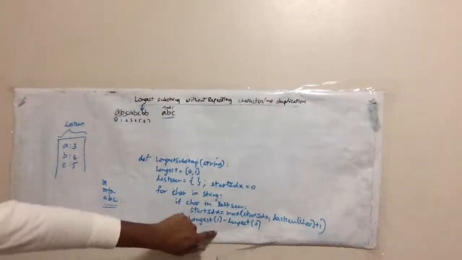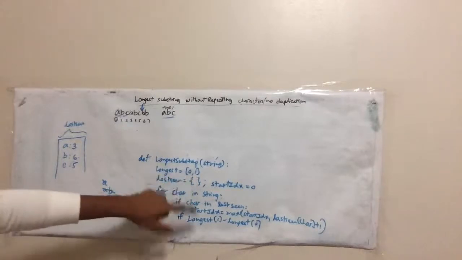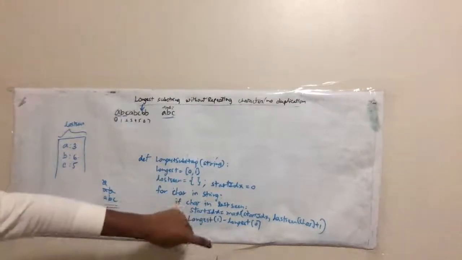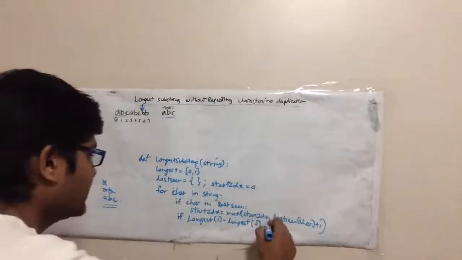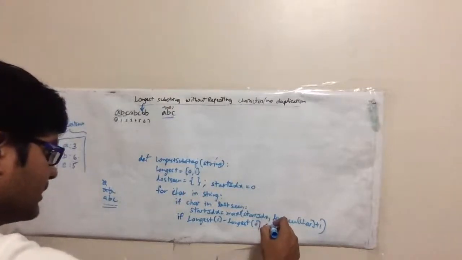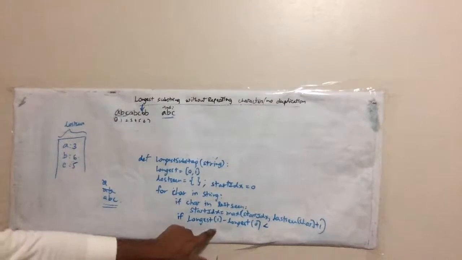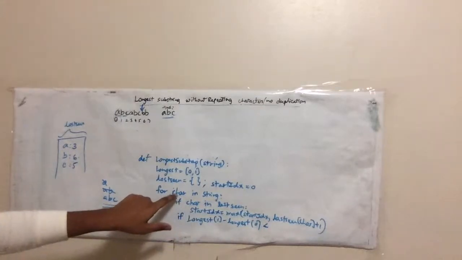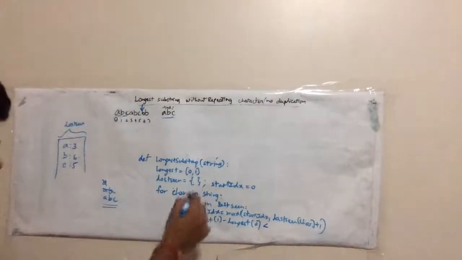I'm just trying to check this condition, check the length. If the already existing length is less than last seen, we want the indexes too, so we need to enumerate here.